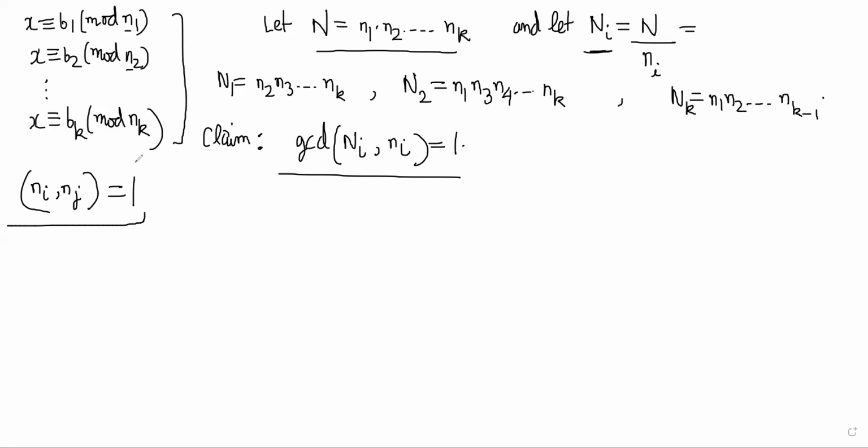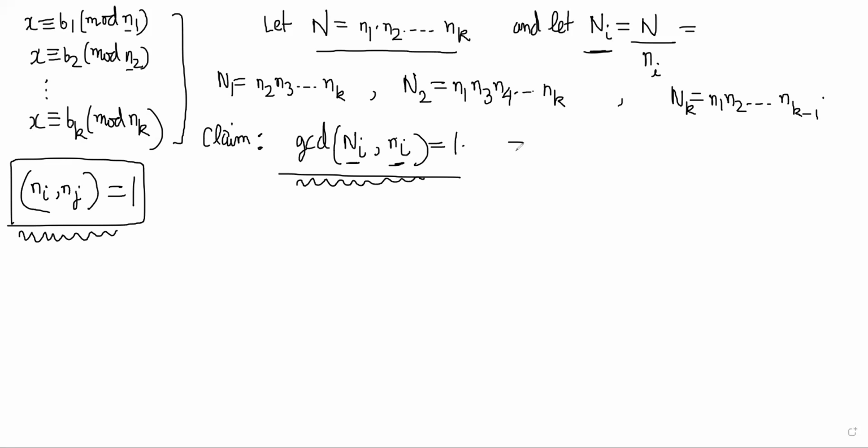That was said earlier already, that each of these small ni's are co-prime, right? And this capital Ni does not have the small ni. It has all the other n's, right? So obviously it will be co-prime with this, because each small ni is co-prime with everything that is inside this, right? So we know that GCD of capital Ni comma small ni is 1.